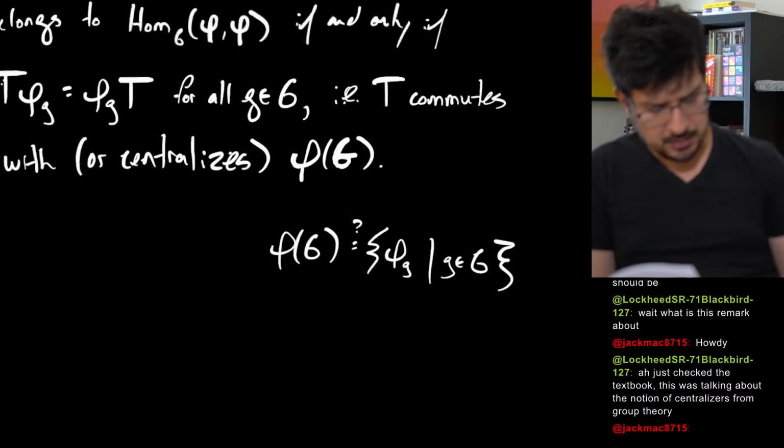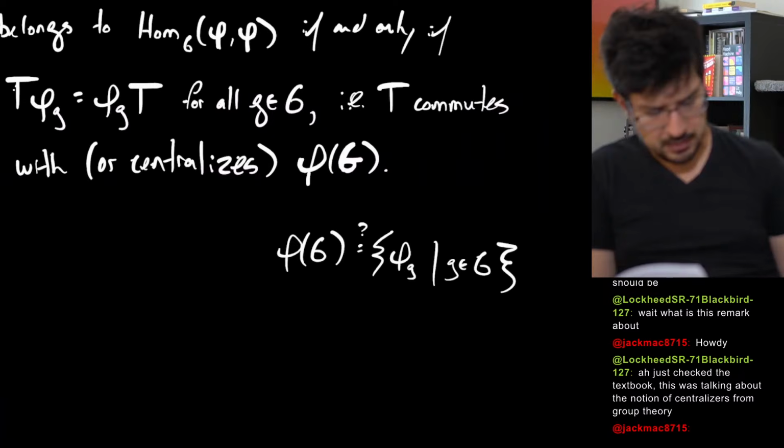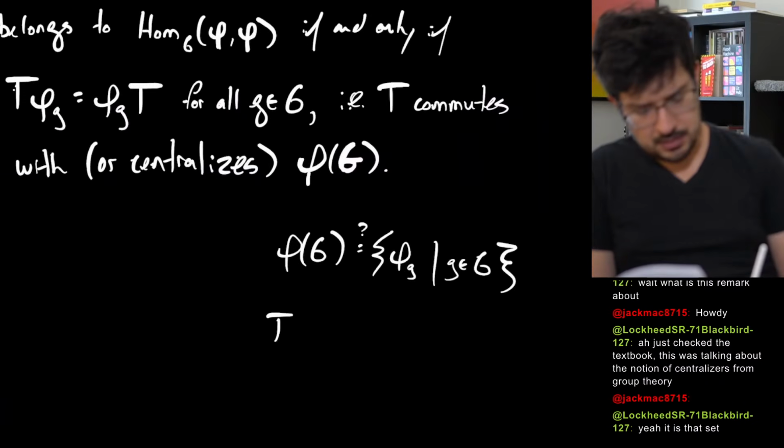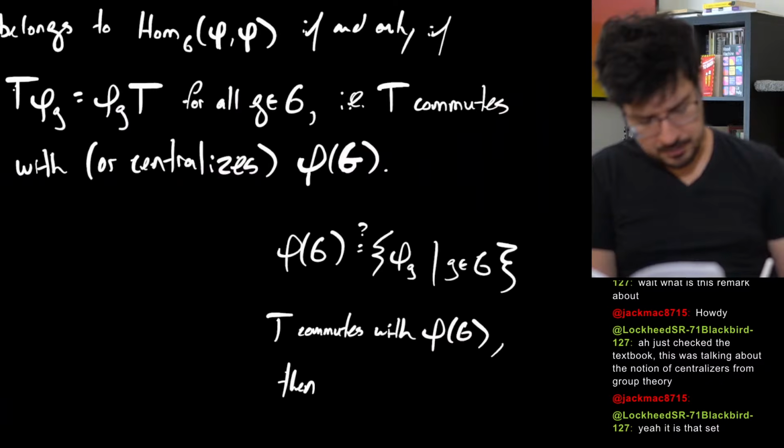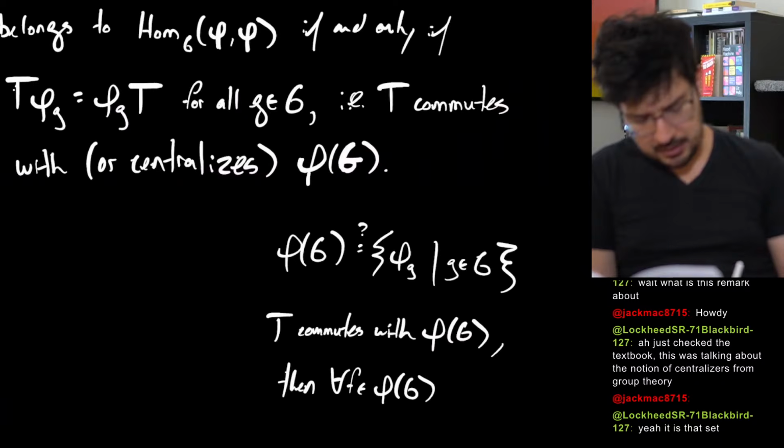I think that this is true, and then T commutes with this means that if T commutes with the set, then I'm just going to temporarily switch to, for every transformation in Fiji, TF equals FT.